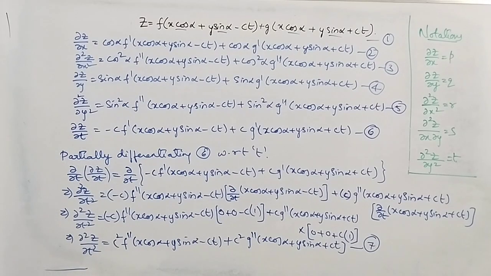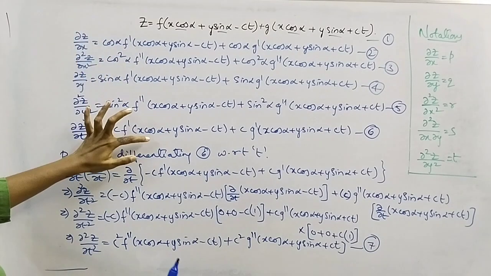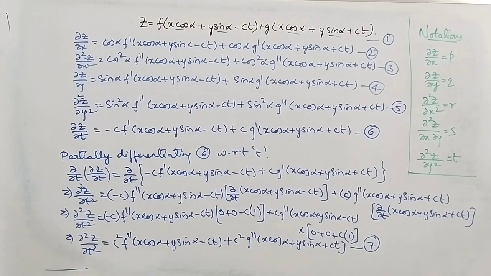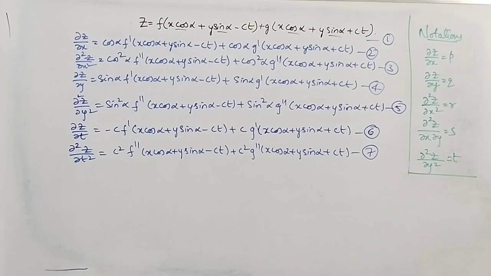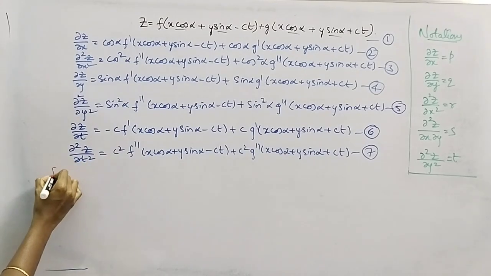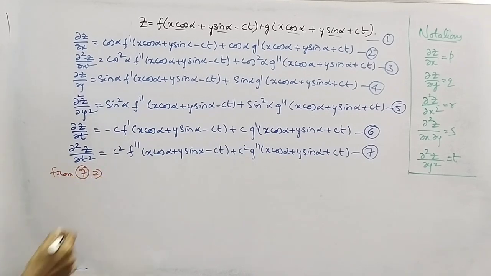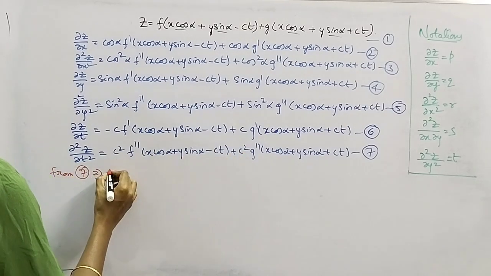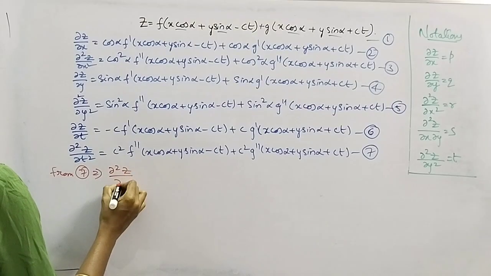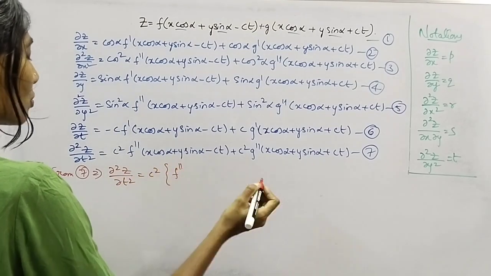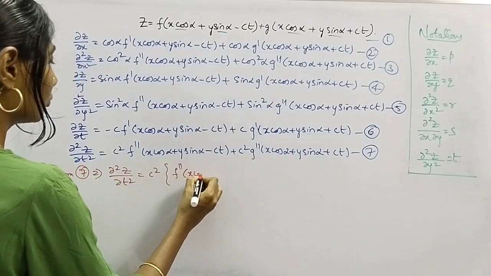Now using all these equations, 6 and 7, we'll find the required partial differential equation. Now we have equation 7. From 7, just take c square common, you'll get ∂²z/∂t² equal to c² times (f double dash plus g double dash).